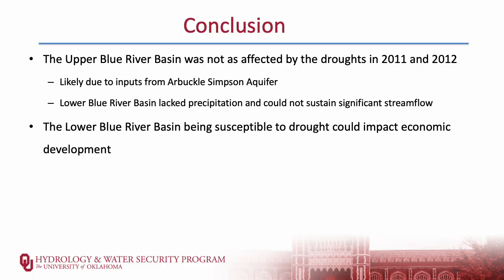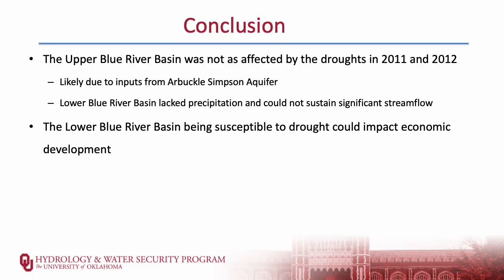The lower Blue River Basin did not have the same amount of input from the aquifer, and lacked precipitation, didn't receive any overland flow or inflow from its tributaries, and couldn't sustain significant stream flow.